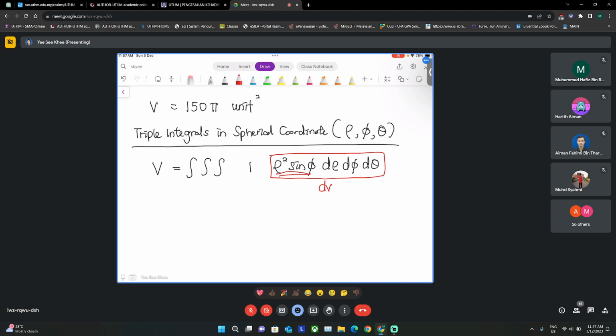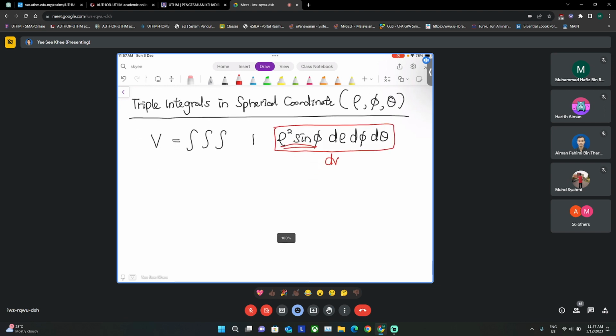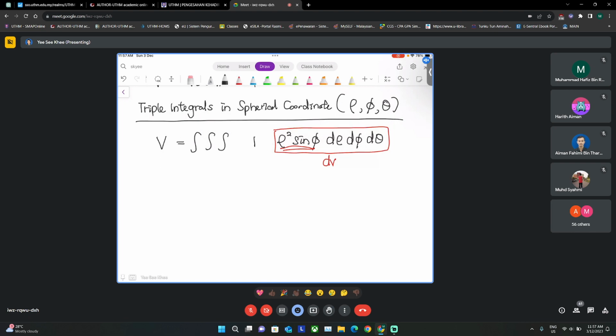And for the spherical coordinate, there are conversions that you need to remember also, like what you have shown in your first test. x equals rho cos theta sine phi, y equals rho sine theta sine phi, and z equals rho cos phi.